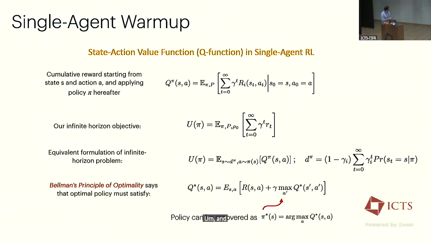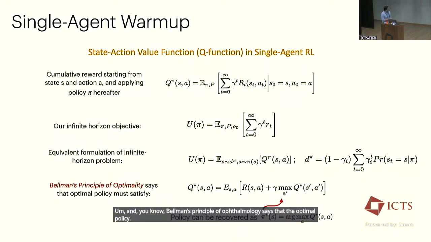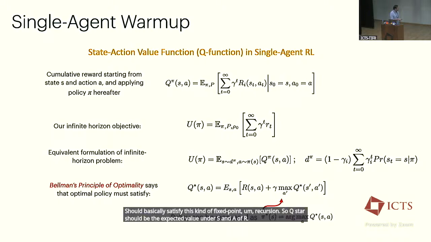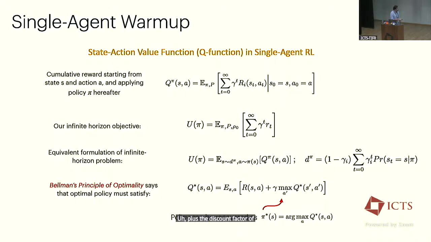And Bellman's principle of optimality says that the optimal policy must satisfy this Bellman equation here. So Q star should satisfy this fixed point recursion. Q star should be the expected value under S and A of R plus the discount factor times the max over A prime of Q star at the next state, right? Where the next state is taken according to the underlying dynamics.